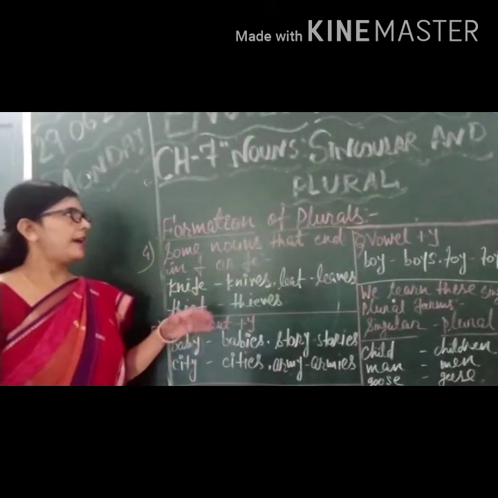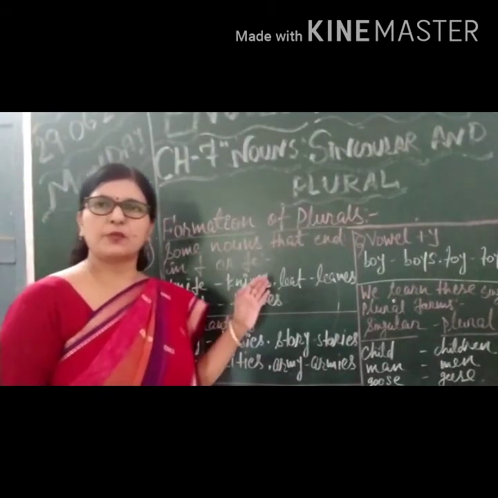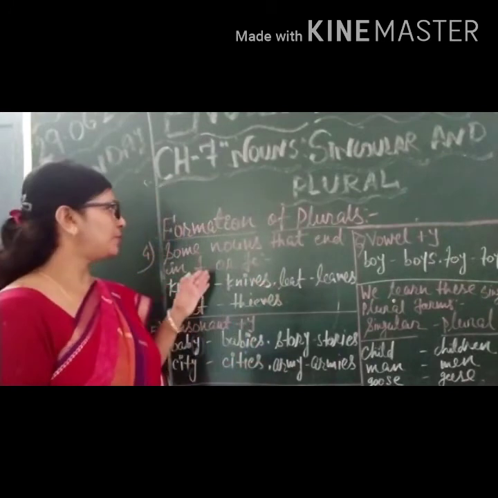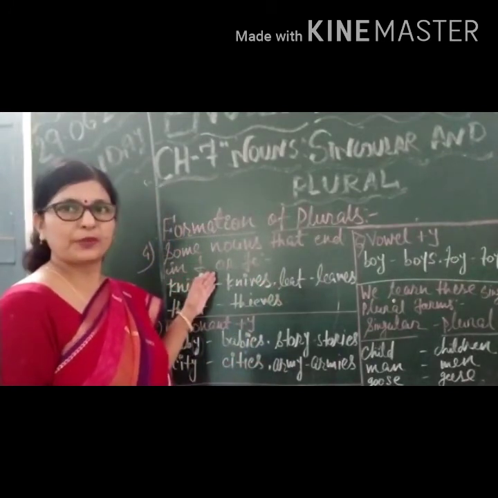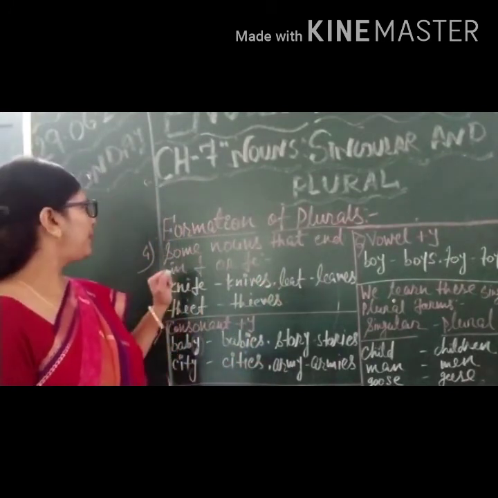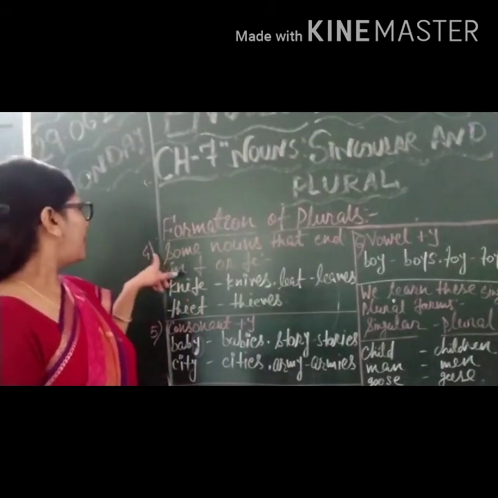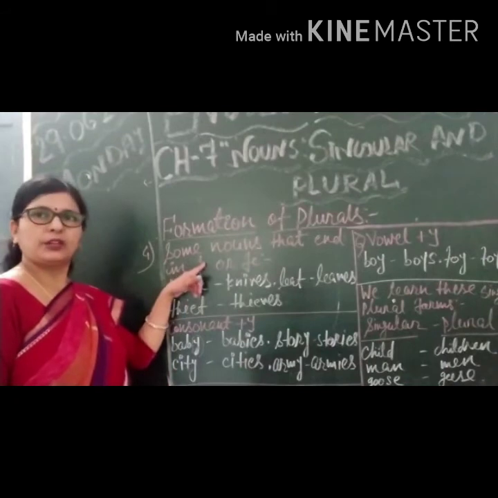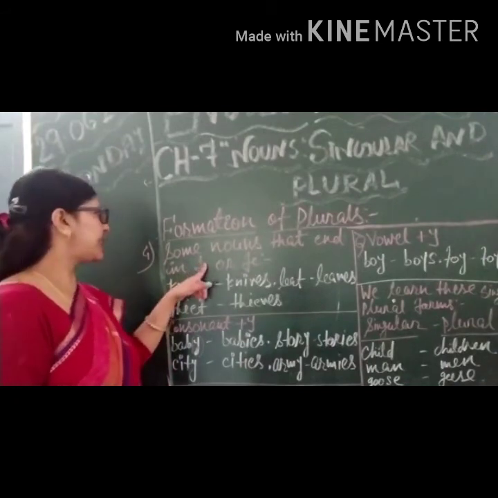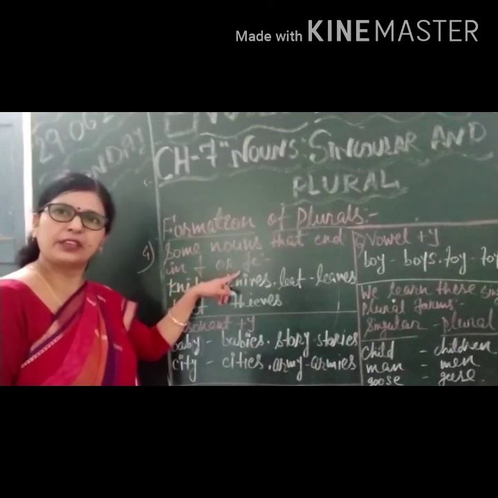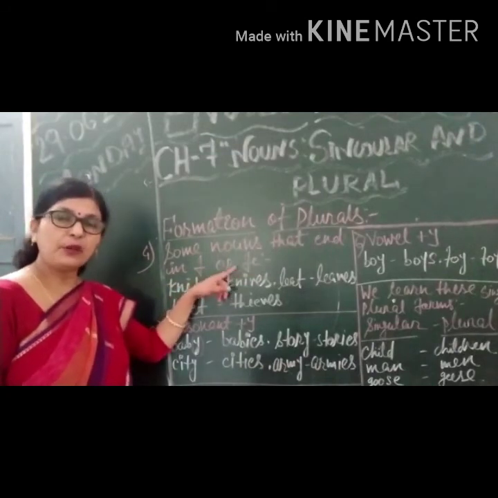Children, as I have explained some of the formation regarding plural nouns, now let's know about some more formation also. Okay. Here you can see the rule of fourth number is that some nouns end in F or FE. So what will we do?